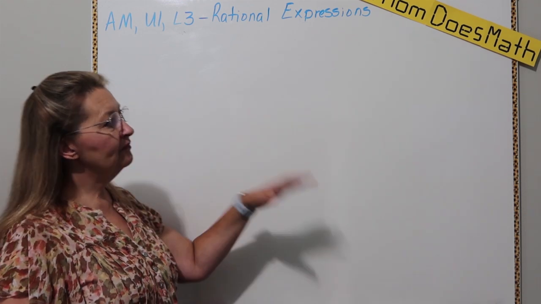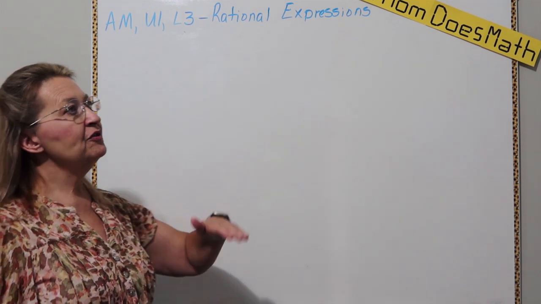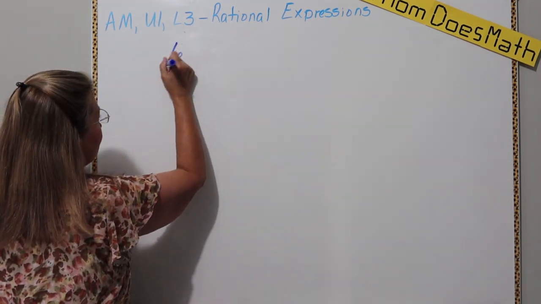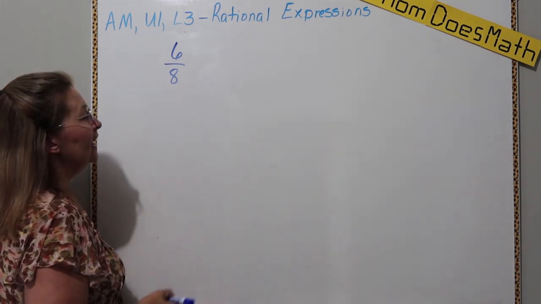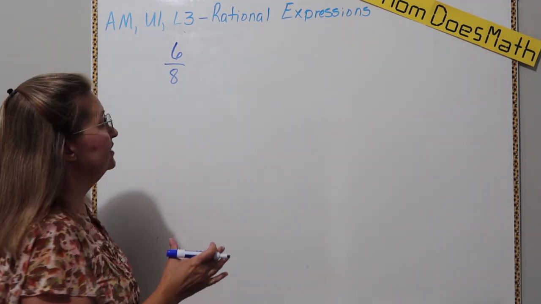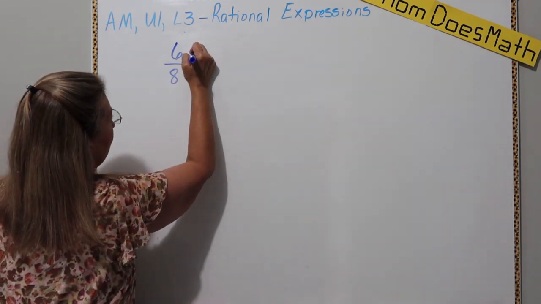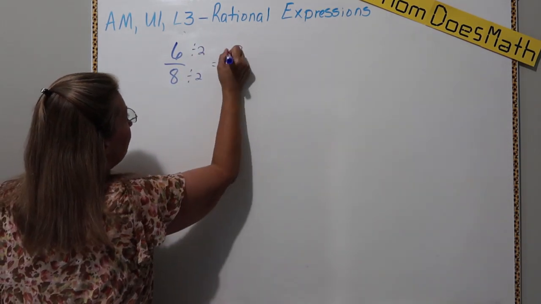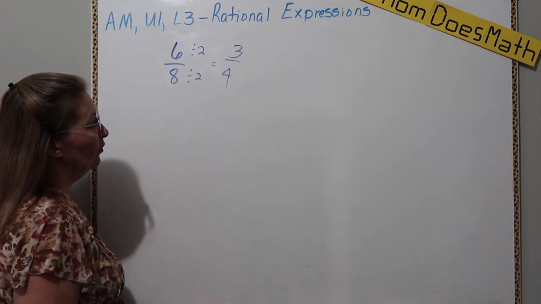So before we go into this review, let's even review further back. Let's just think about fractions that are not algebraic. If you needed to reduce 6 over 8, what you used to do is you would say what number will go into both of them, and both of them could be divided by 2, so you would simplify that down to 3/4.